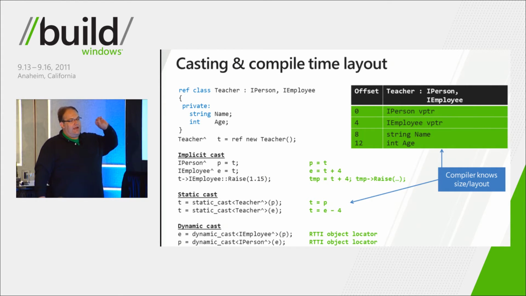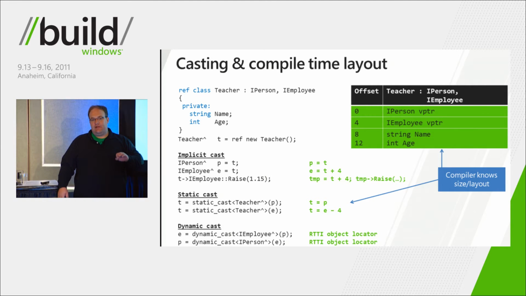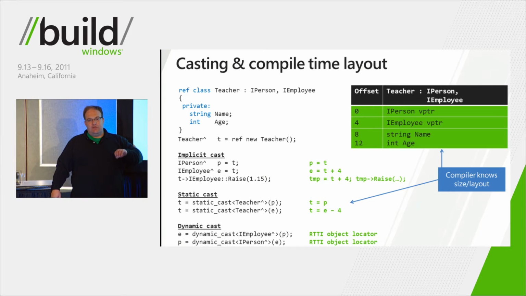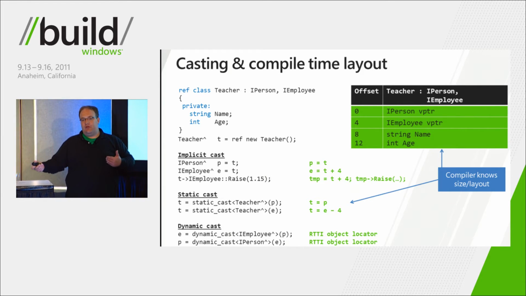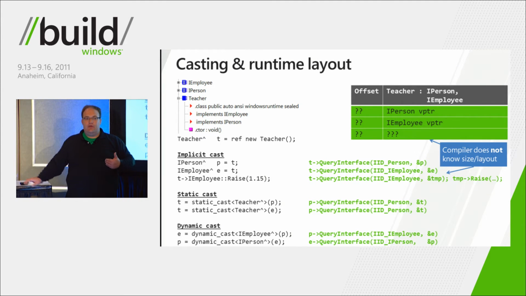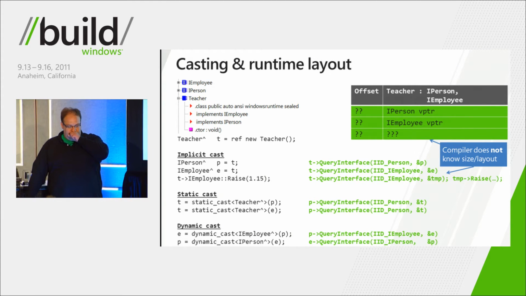Now, this is what happens when a compiler knows size and layout. And we only know size and layout if we have the source code of the component. Once you talk across multiple components, or you're talking to a different language, we have this scenario. We do not know size and layout.